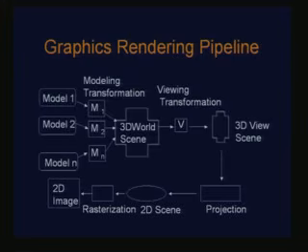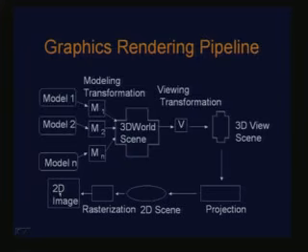Now, as I told you, ultimately the 2D image which we display is displayed on a raster device, which is nothing but a collection of pixels. Then I need to have a process of rasterization, where I will convert this representation, whatever I obtain in the 2D scene, to this 2D image.